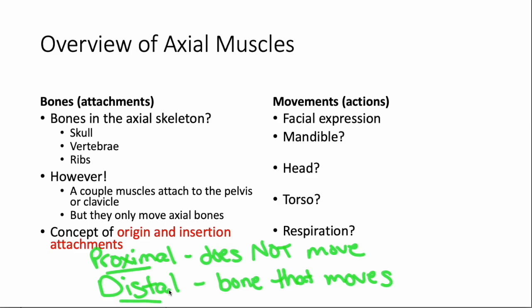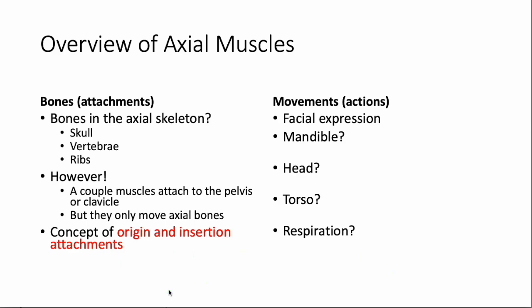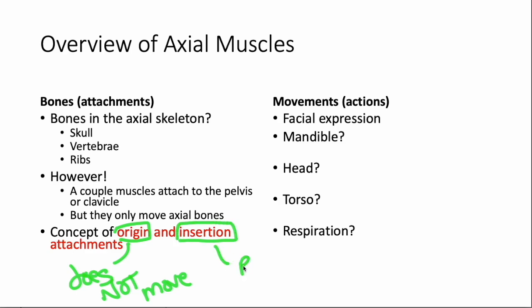That only applies to appendicular parts of your body. So instead, origin is the bone that does not move. Those are like our anchor points. And then the insertion is the bone that moves.